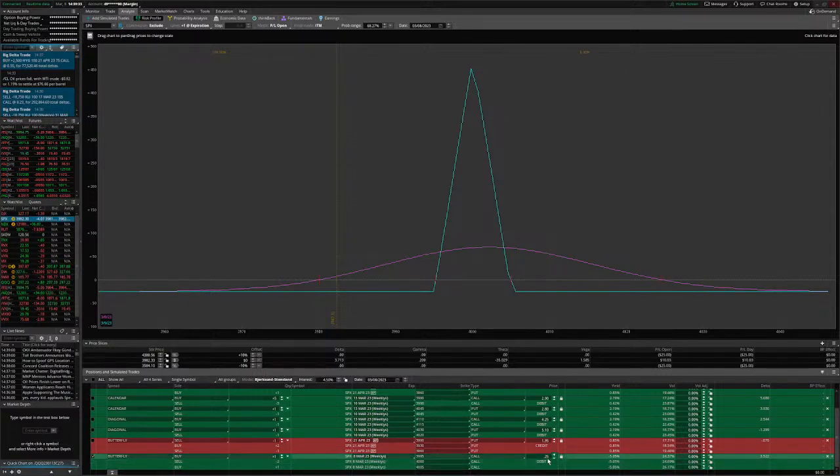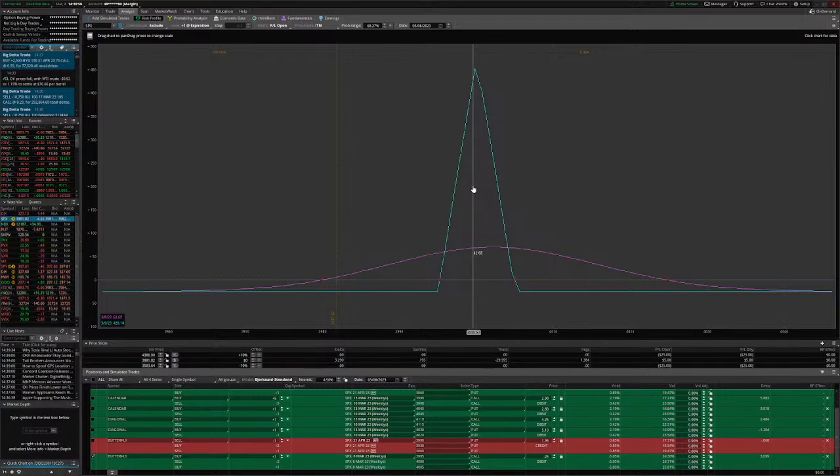This is just a simulated trade showing paying 25 cents for that. So you're paying $25 to potentially make, you're certainly never going to make $400 on this, but it's certainly possible to make a couple hundred on this. This blue line is showing at expiration. The purple line is showing right now. So right now this position is up $5.